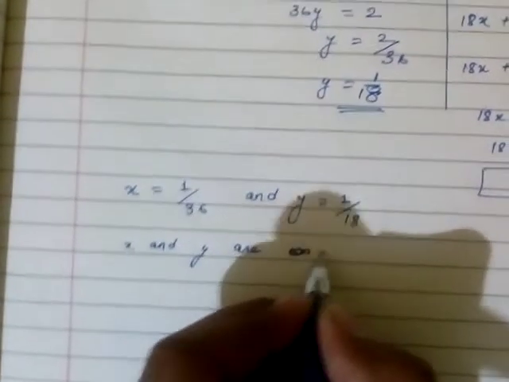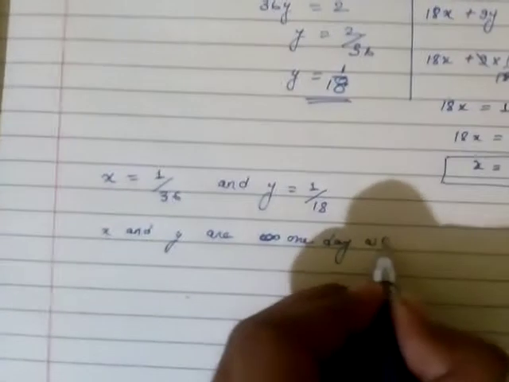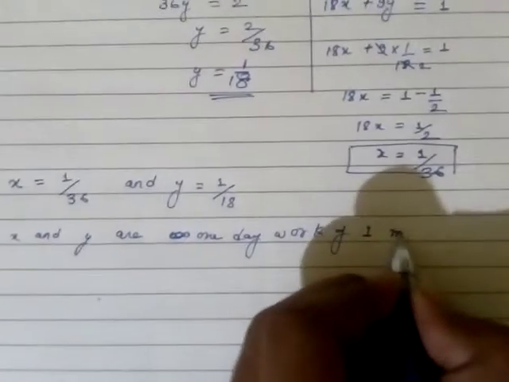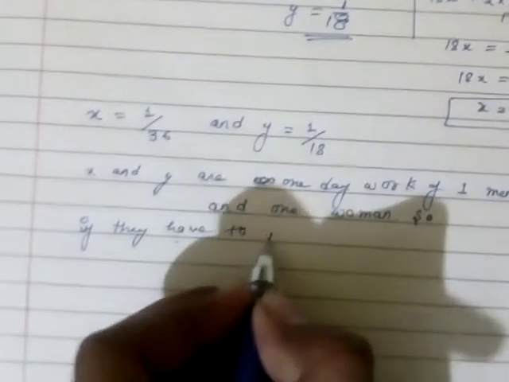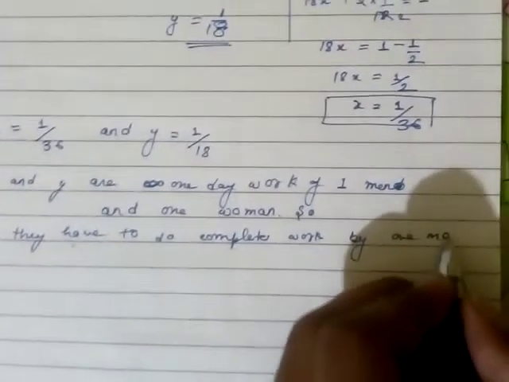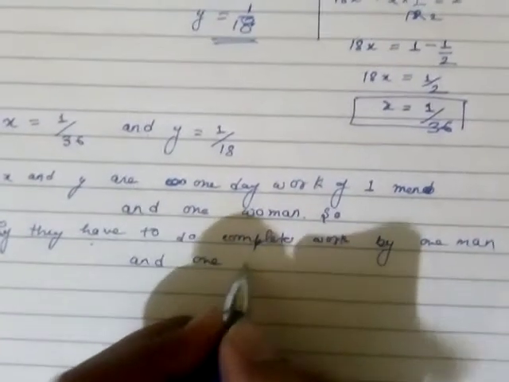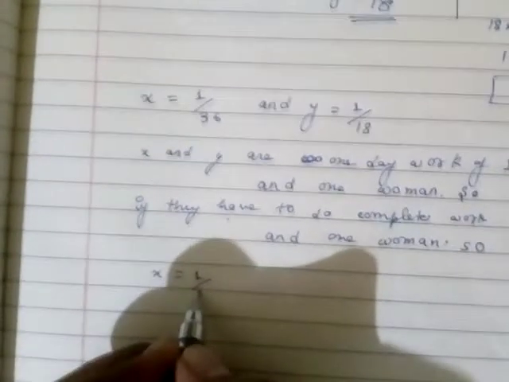x and y are the one day work of one man and one woman. So x equal to 1/36.